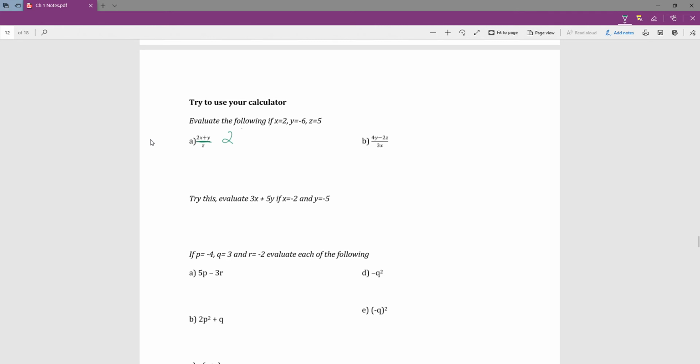So 2 times x, which is a +2. And you get -2/5 as an answer.